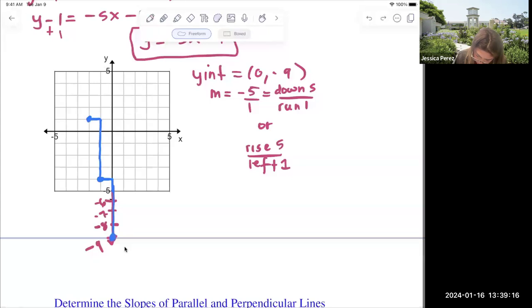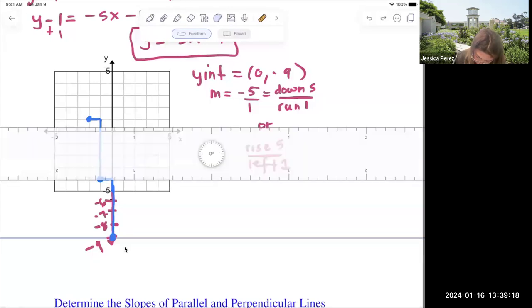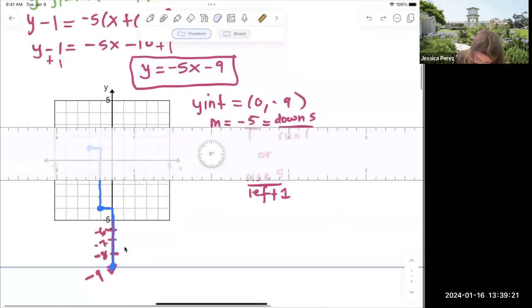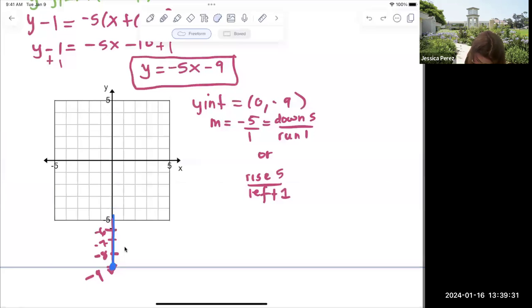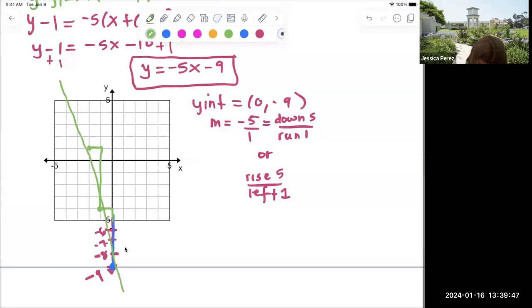Let's see if I want a ruler. Oh, I want to get rid of the ruler. There it is. Okay. So I said down 5/1, up 5/1. And then there's my line. It's a negative slope, so it's going to go this way. And I should be intersecting this point right here.